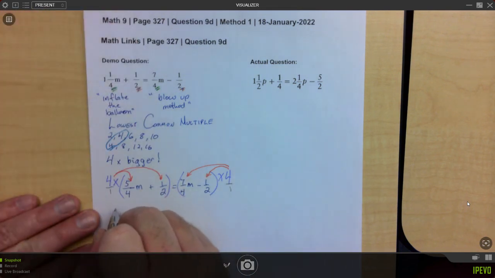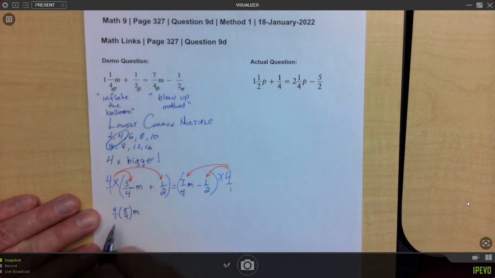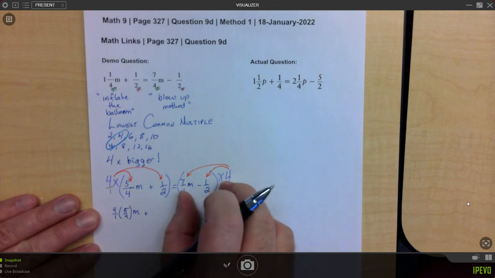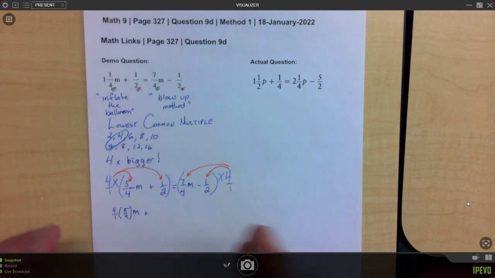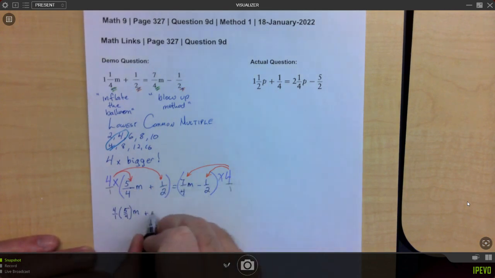So here's the result. You have 4 over 1, and you're going to multiply it by 5 over 4. Don't worry about the m right now. You're just trying to inflate this fraction to be 4 times bigger. So you have to do it to everything on the left side, and you have to do it to everything on the right side. In other words, if you're going to make the whole equation 4 times bigger, everything must become 4 times bigger.